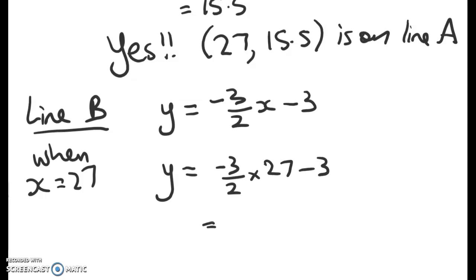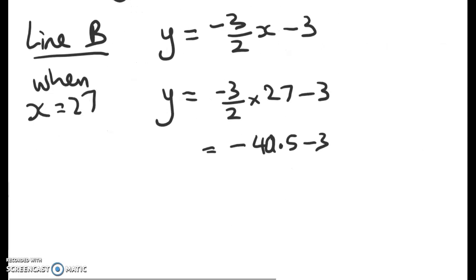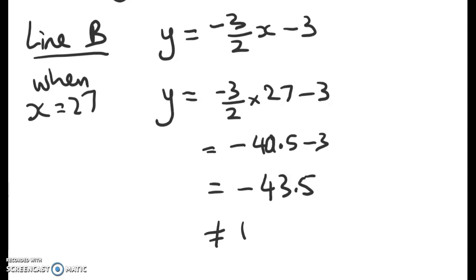Remember, it's fine to use your calculator, but lots of you won't have to. So this is negative, what do we get? I think we get negative 41.5. Is that right? That's not right. 81 divided by 2. Nope. 40.5 minus 3. I'm sure someone's going to leave me a comment if that's wrong. So there we are. We get a y value of negative 43.5, which is not equal to 15.5. So the point is not on the line.